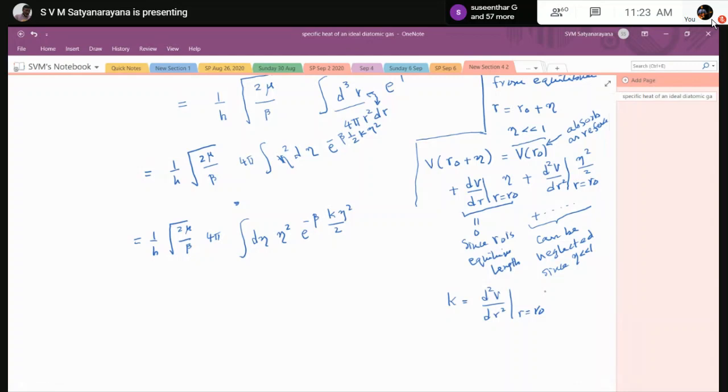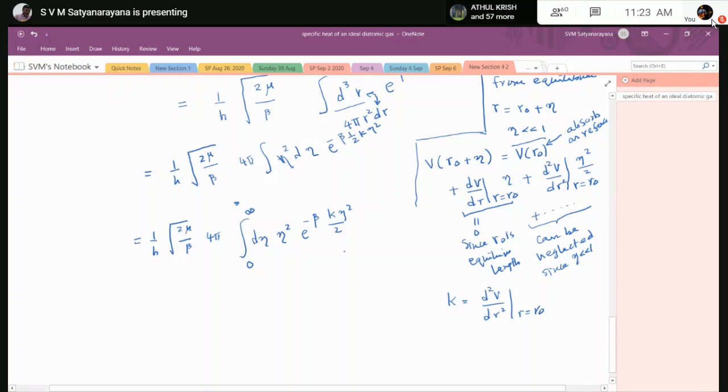Okay, so now you can see that the integral is from 0 to infinity, and apart from some factors, this is like a gamma function.